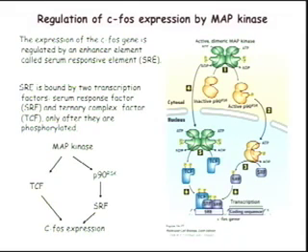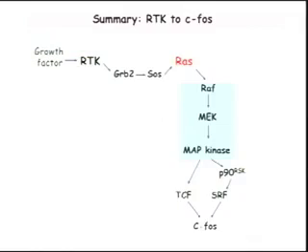And those transcription factors can then bind to their favorite promoter elements and activate all of these hundreds of early response genes. So here we have the whole pathway. It's a pretty long pathway. You start with growth factors binding to the receptors, going through the adapter molecule to recruit the GEF in order to activate RAS.